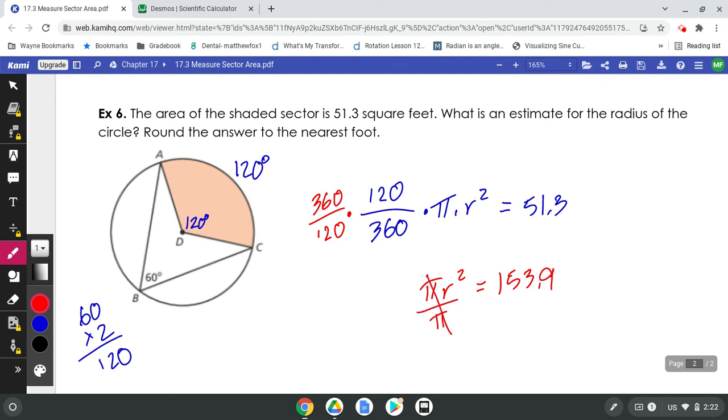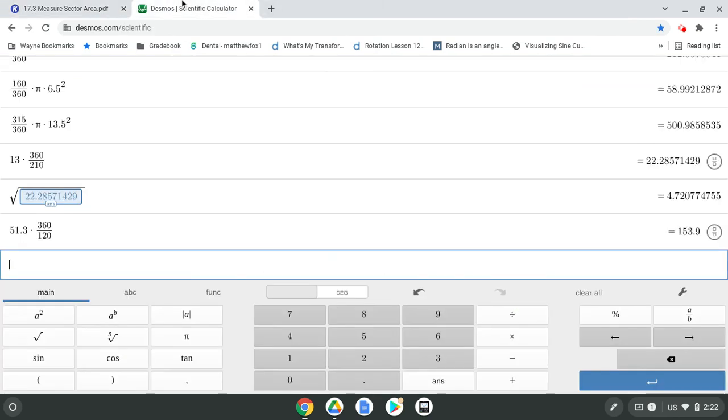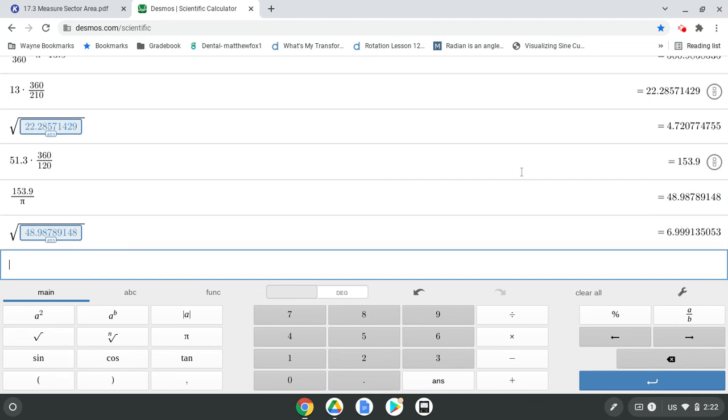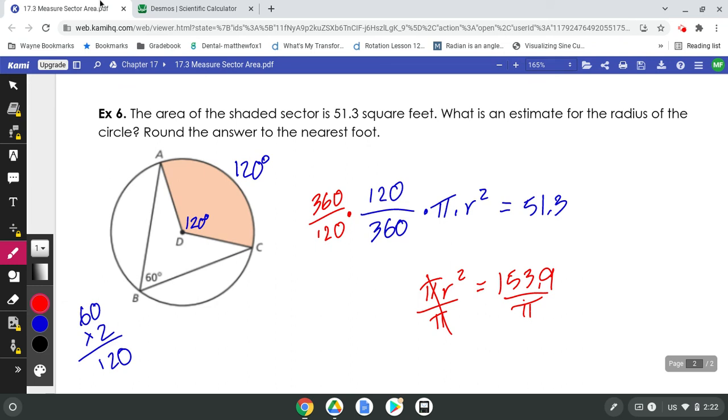Get rid of that pi by dividing, because it's just a number. It's a number that goes on and on and on, but it's just a number. So 153.9 divided by pi. We get 48.987, etc. But that's not our answer. That's what r squared equals. So we need to take the square root of that answer, and we get 6.999. But if we round to the nearest whole number, as it says, nearest foot, we get r equals 7. So 7 feet. It's not squared because it's just the radius.